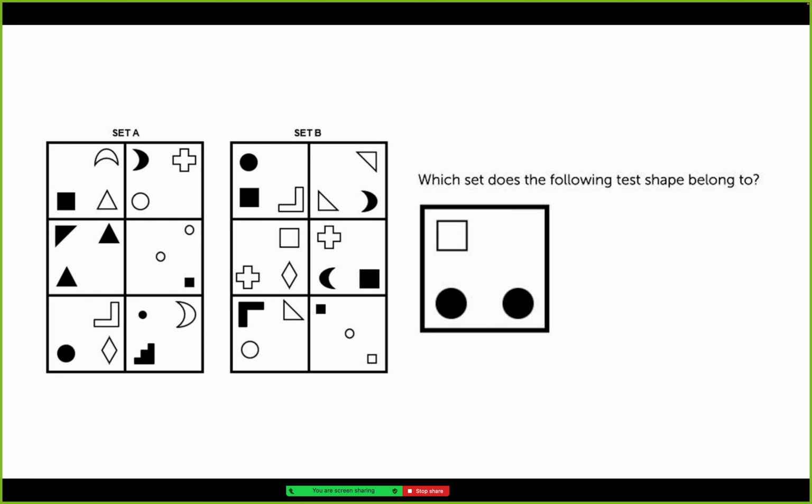So from what it looks like in set A, either the left-hand side or right-hand side is odd, and then the other is even. I'll just test that. 1, 2, 3, 10.